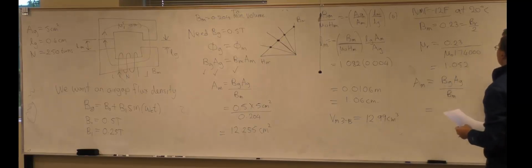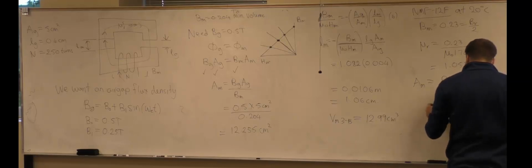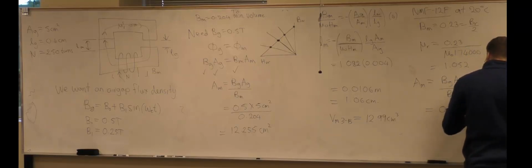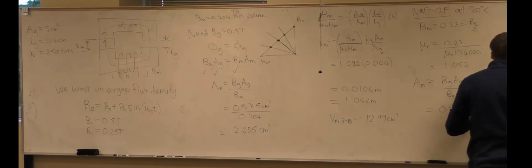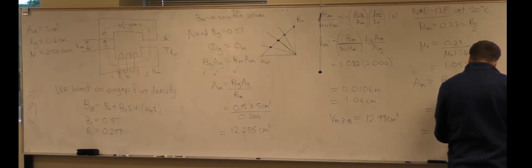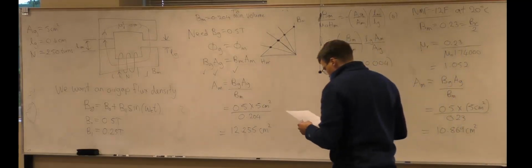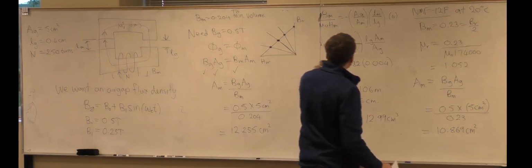Now because we have a larger Br, the Bm is higher, and so we get out 0.5 times 5 centimeters squared divided by 0.23, which gives 10.869 centimeters squared.